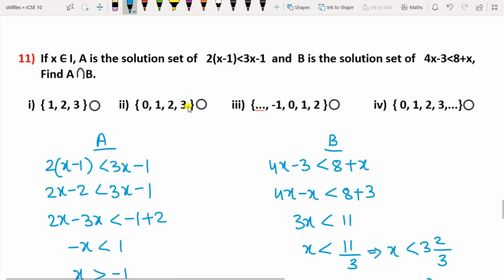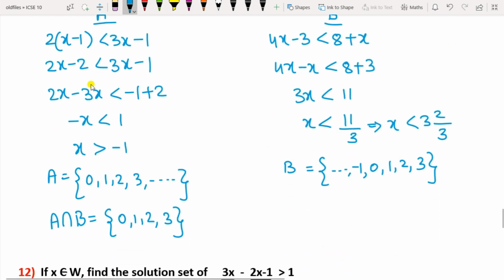Question 11 here is, this is the equation for A and this is the equation for B. Here you have to find A intersection B. Okay, solve for A, take 2 inside and bring the like terms together. Therefore the value of x will be here minus 1. Since minus x is less than 1, so x will be greater than minus 1. And in this case here, x is less than 11 by 3, that is x is less than 3 whole 2 by 3. So the value of x is between minus 1 and 3 2 by 3.